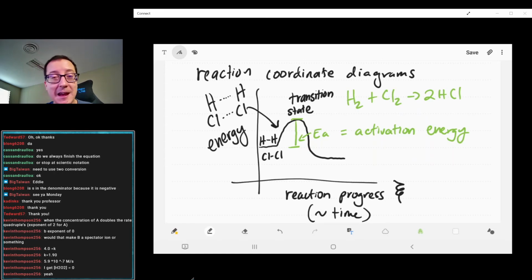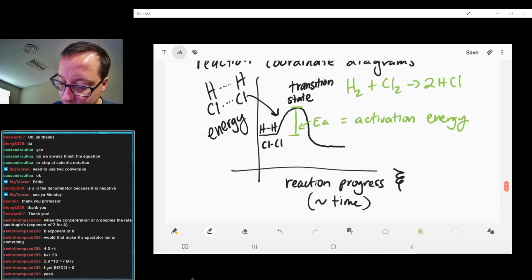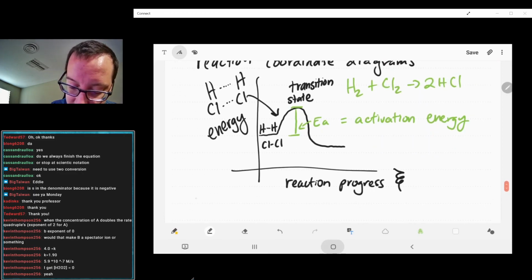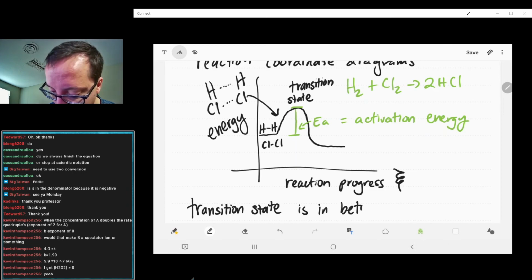And it's going to be in between our reactants and products. So let me just erase time here. A transition state is in between reactants and products.